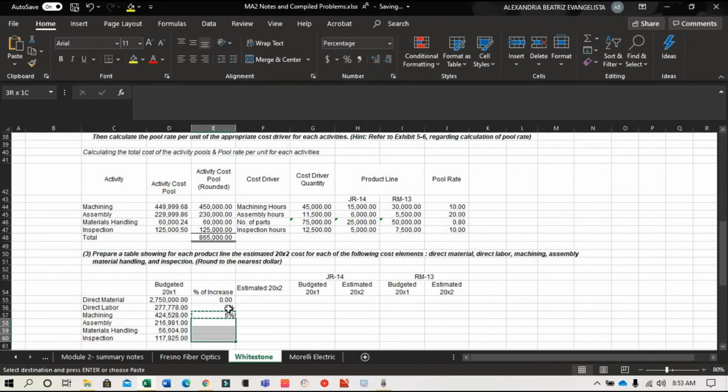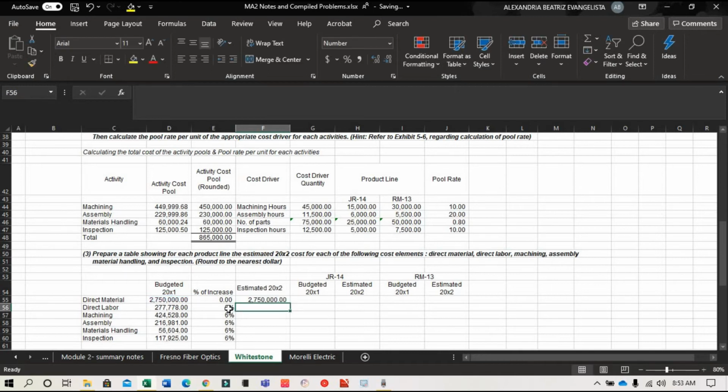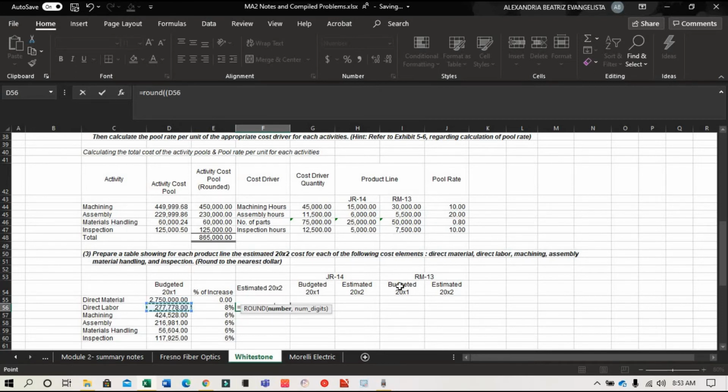So the estimated amounts for 20x2 for direct materials is still 2,750,000 because there's no percentage of increase. For direct labor, that is 277,778 multiplied by 1.08.